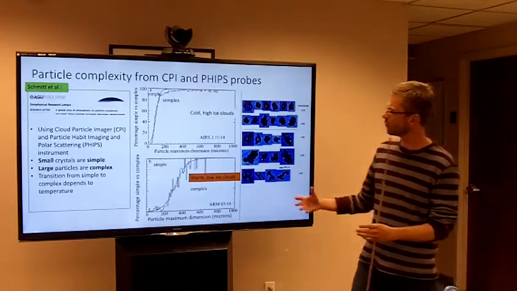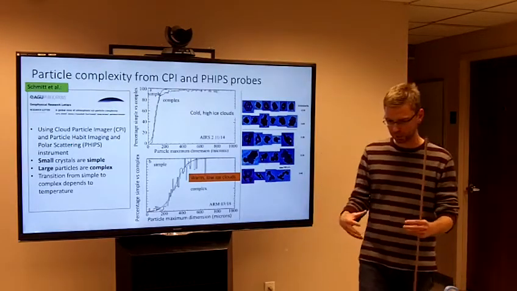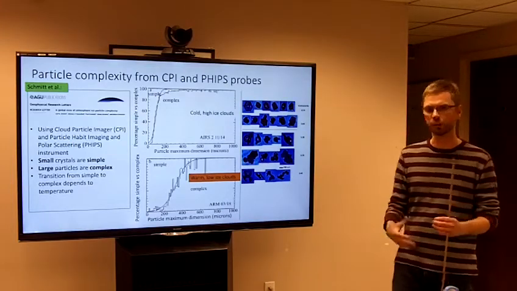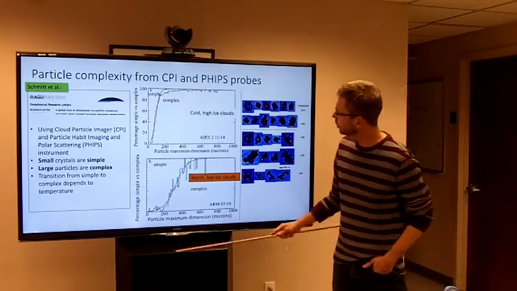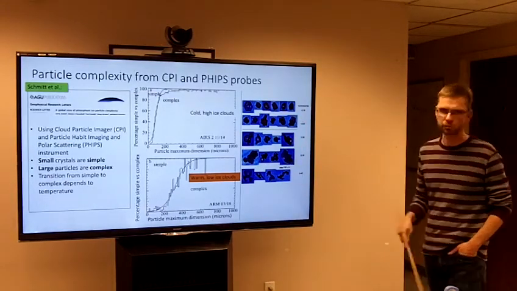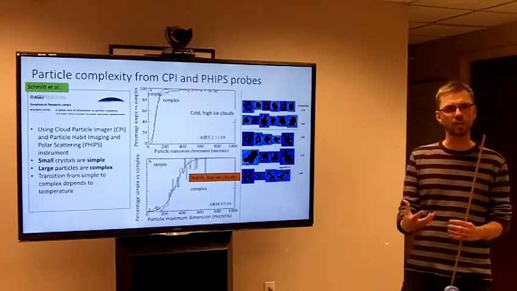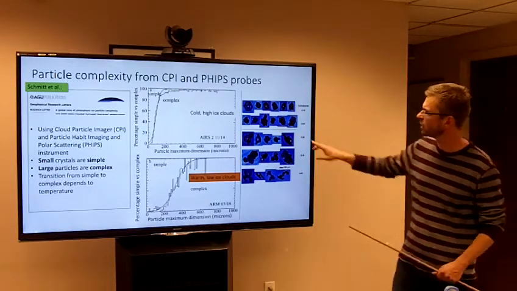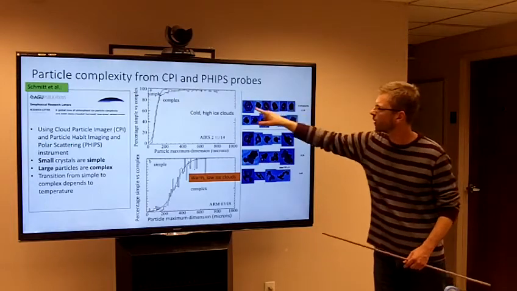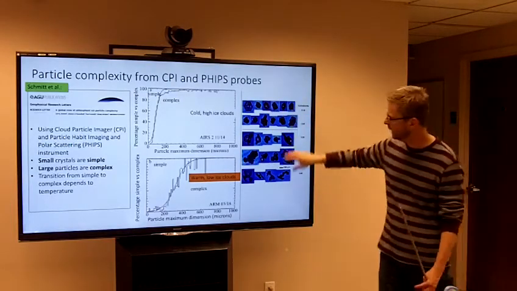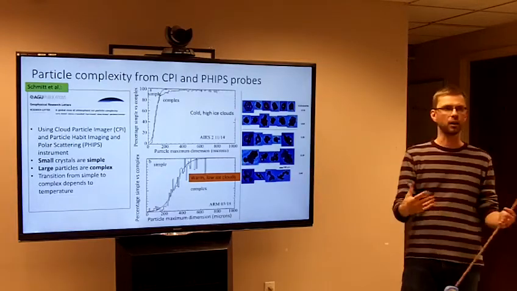Looking at a more larger scale distortion parameter is done here, where they use these images of crystals and deduce the complexity parameter from these images, where these crystals are very non-complex, and these crystals are more complex.